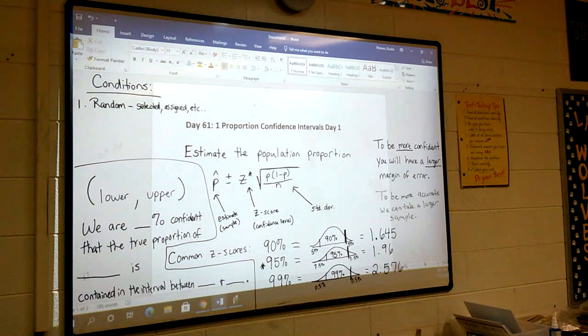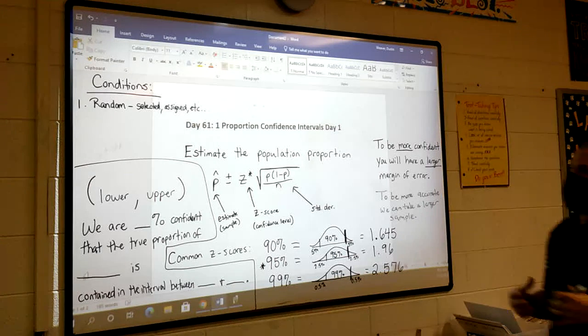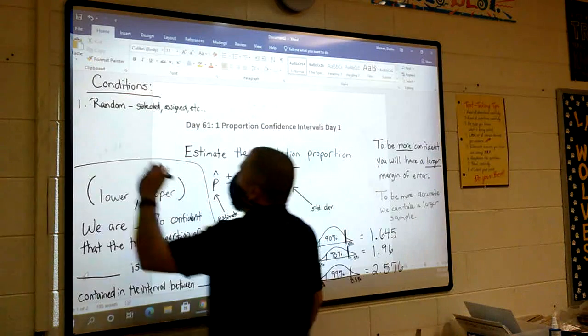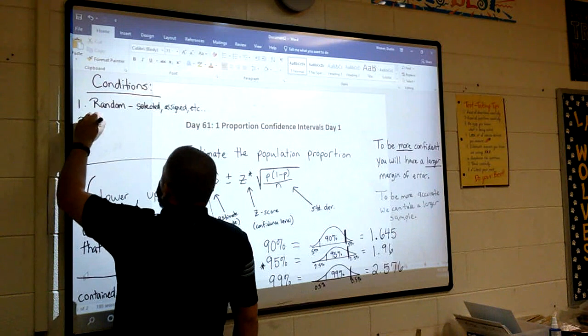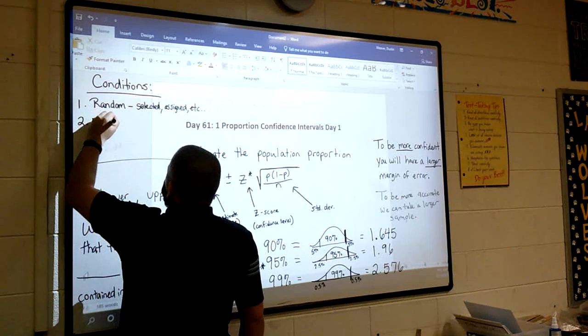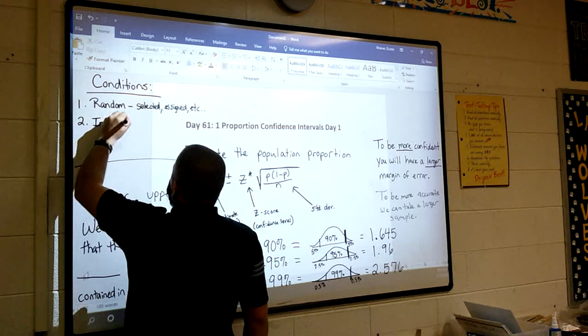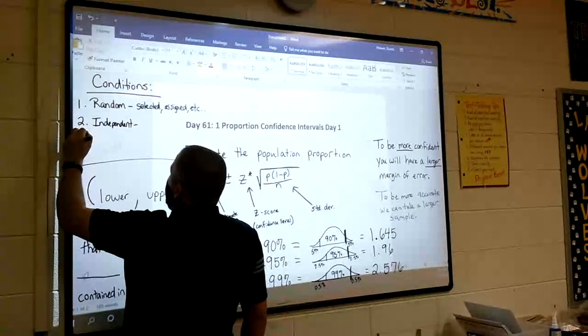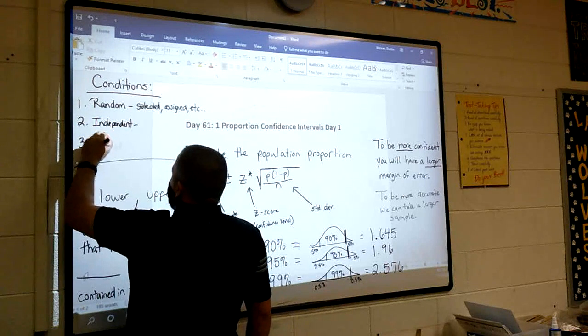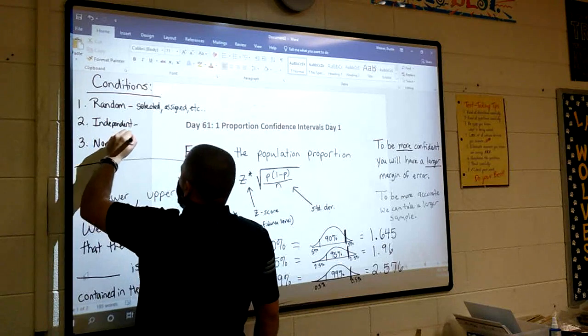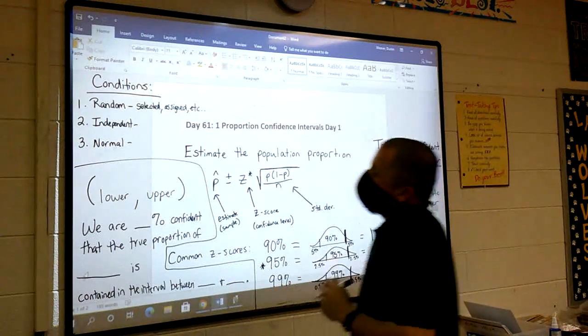Either they randomly picked people, or they randomly assigned people to different groups, or they did something. But it's got to be random. The next one is that it is independent. We'll talk about that in a second. And then the last one is that it is normal. Okay? Random, independent, and normal.